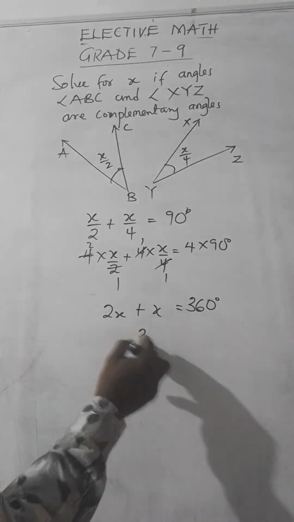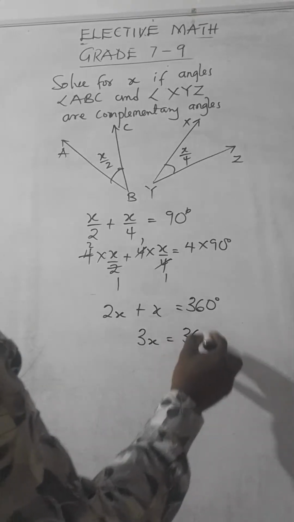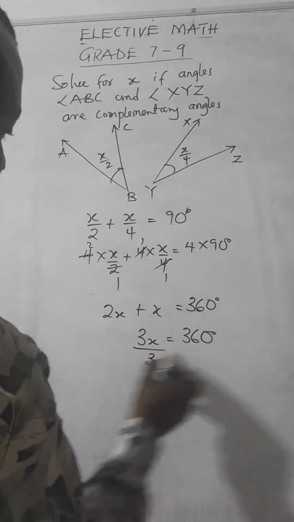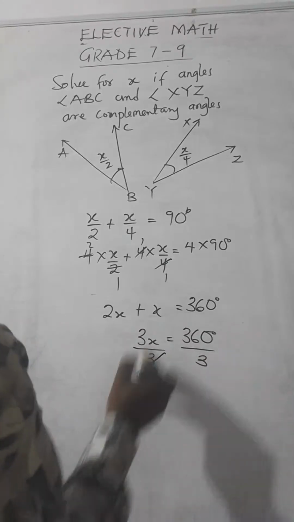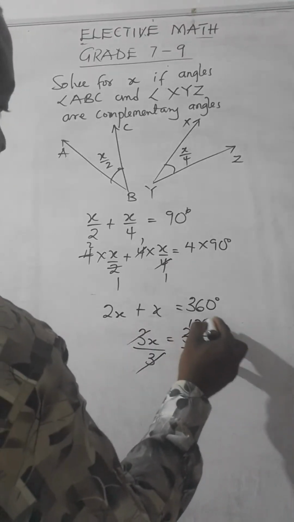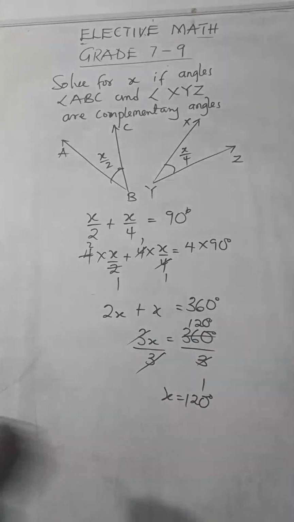So here you get 3x equals 360. Then divide through by the coefficient. So x is equal to 120 degrees. 120 degrees. Okay.